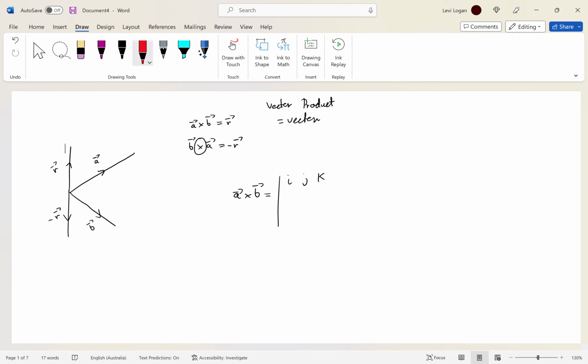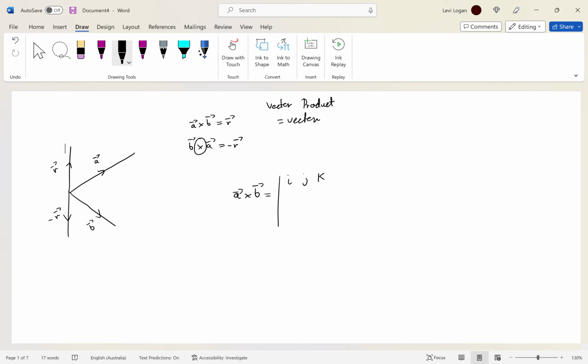So i is our x direction, j is our y direction, and k is our z direction. Then we put the components of vector A in this row, and the components of vector B in this row. So what does that look like?